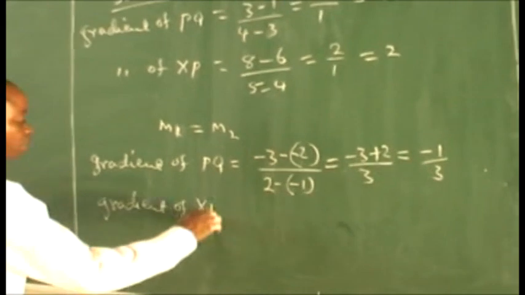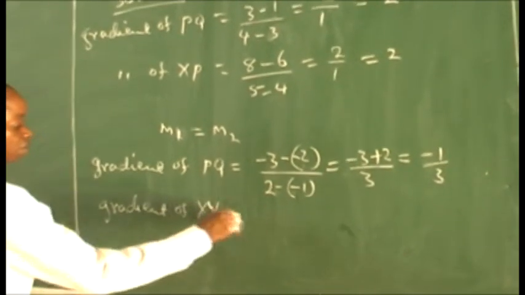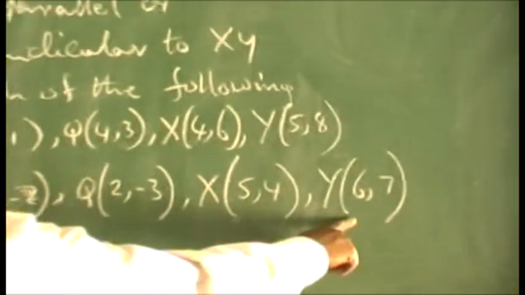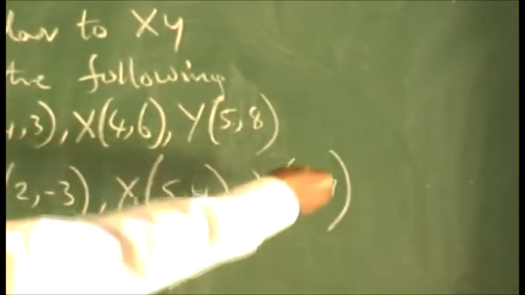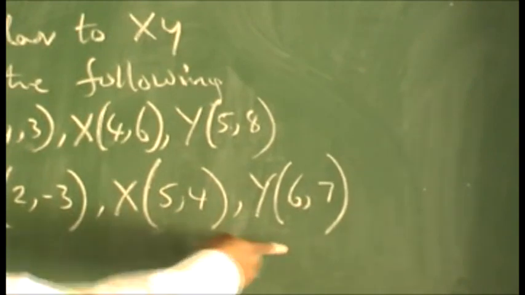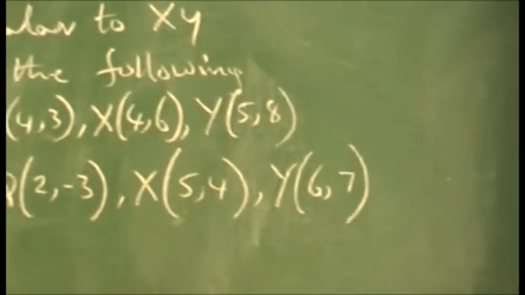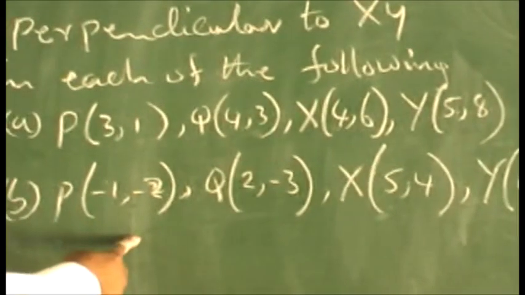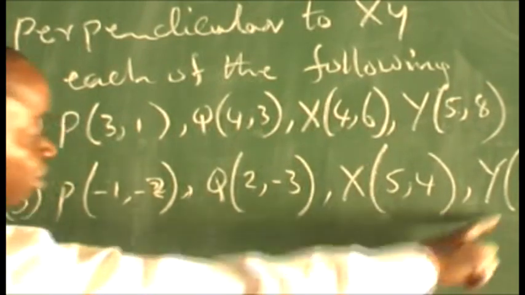Now the gradient of XY. XY is this one, this and this. Remember that this is the point, this is the point. So if I join them, this is a line. I have taken the gradient of this one, I have minus 1 all over 3. I'm taking the gradient of this one.